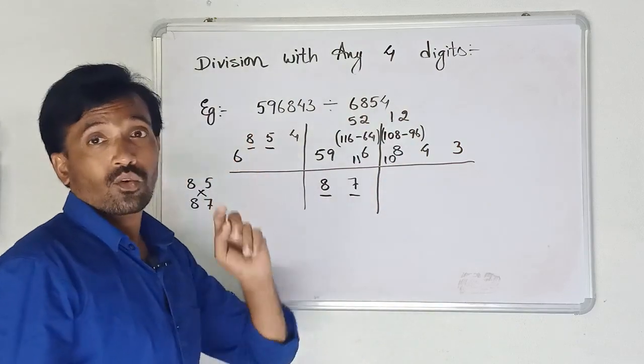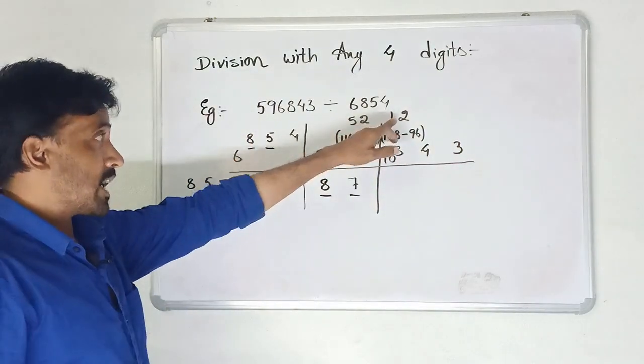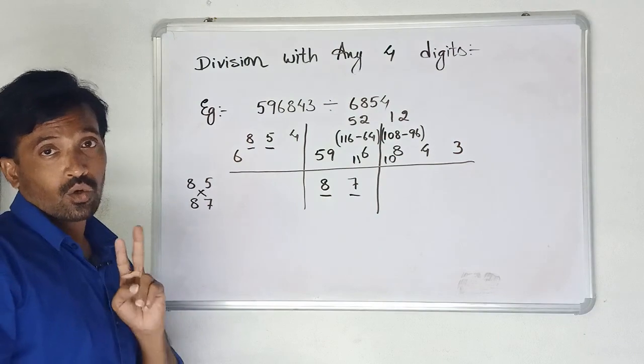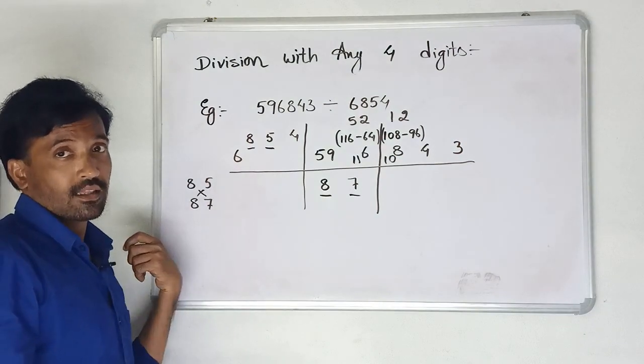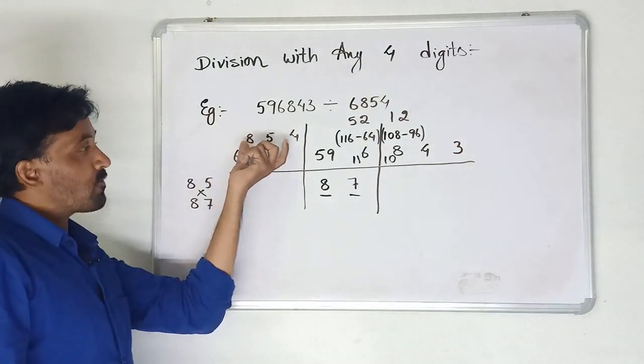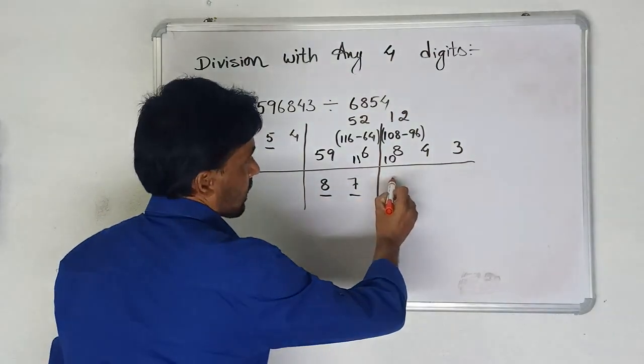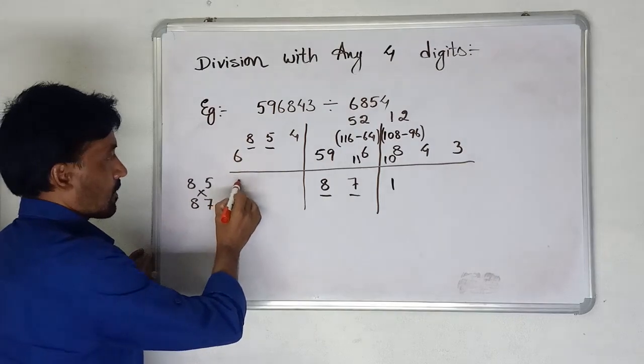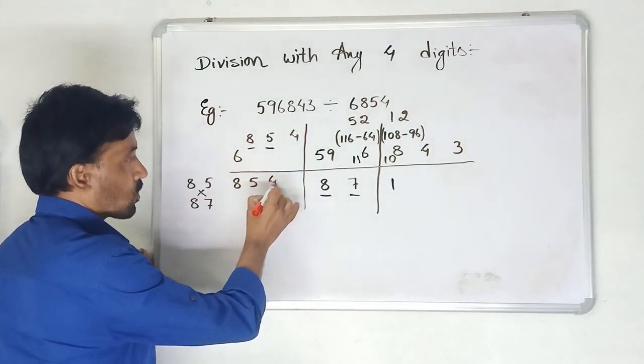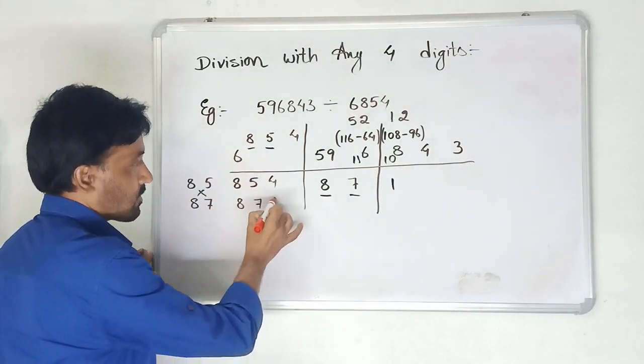Now the value is 12. So 12 divided by 6 is how many times? 2 times. But it is not possible to take it like this, because under 854 we have to take it like this. So I am taking one time. Suppose I take one time, under 854 we take 871.